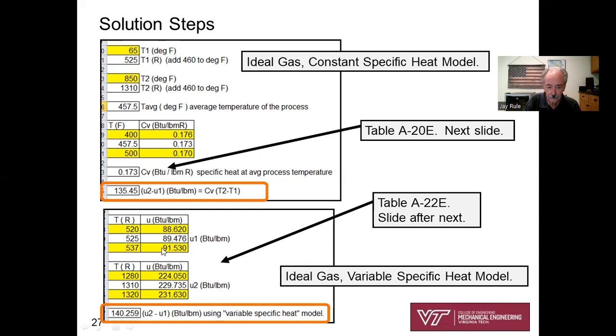In table A22, I had to use absolute temperature because that's what's tabulated. For the high temperature, I've got 1310 degrees R, not tabulated, so I had to interpolate between 1280 and 1320. And so U2 minus U1 is simply, again, plug and chug, 140.259 BTUs per pound.